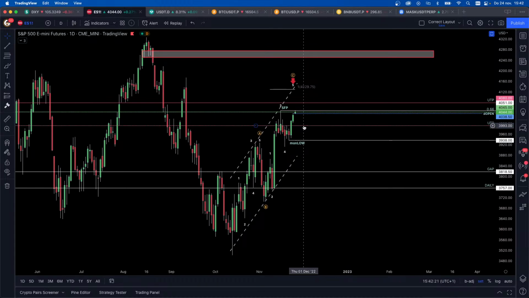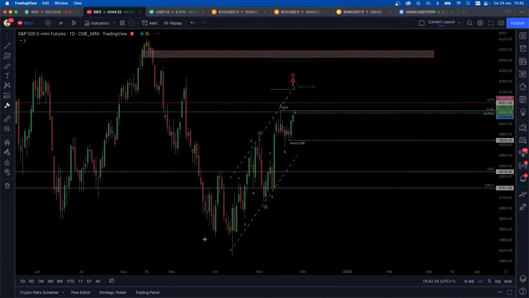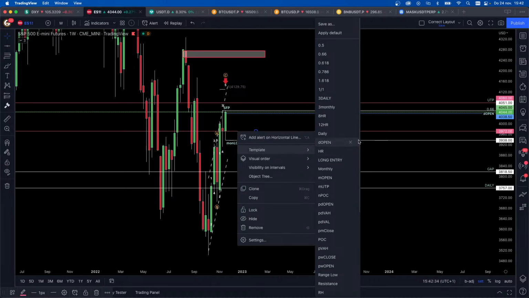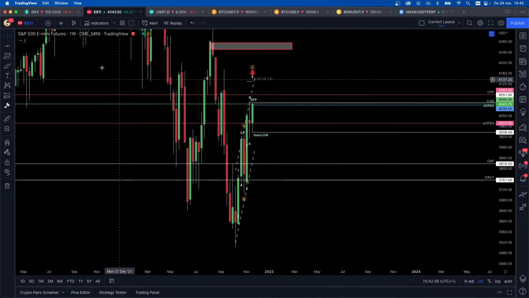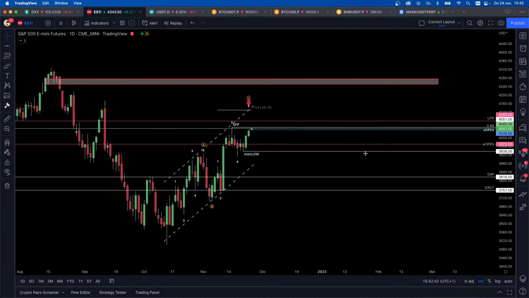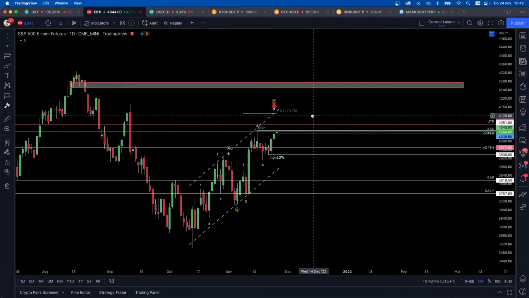We have the daily open. I also want to add my weekly open, because that is a level that should act as a support too. Weekly open. There we go. Daily open, and we have the weekly open.